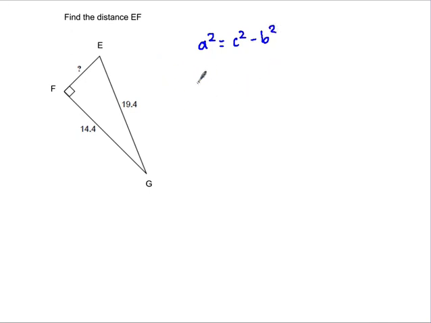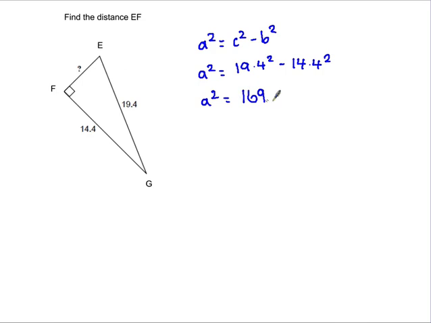So we're going to have a squared equals the longest side squared, which is 19.4, minus the b squared, which is 14.4. So 19.4 squared minus 14.4 squared, and you can just do that in one line of working out, is 169.